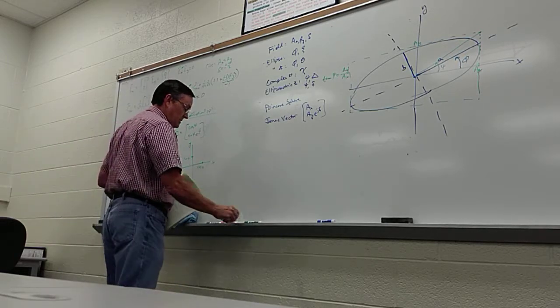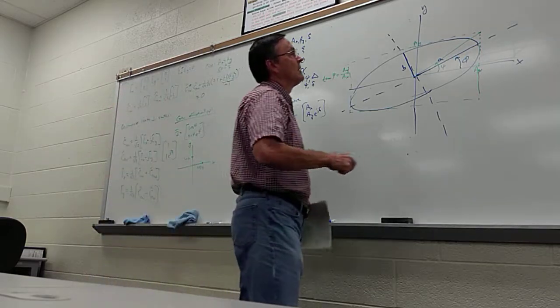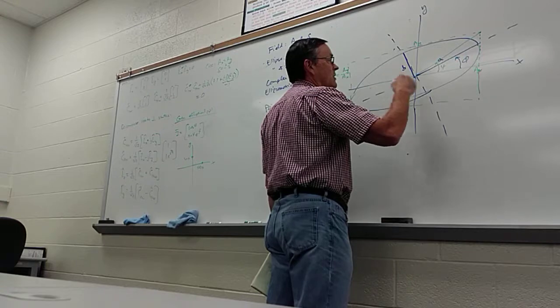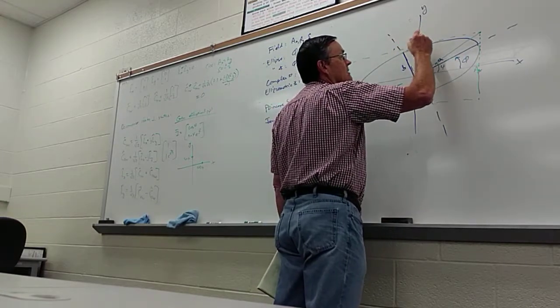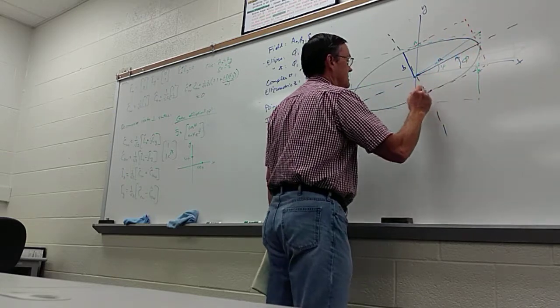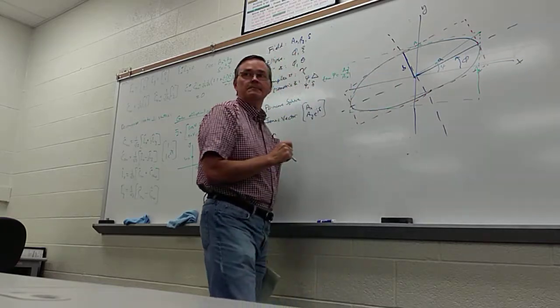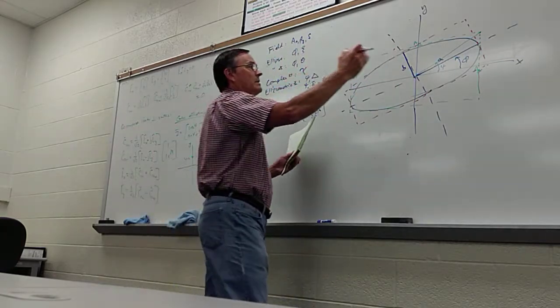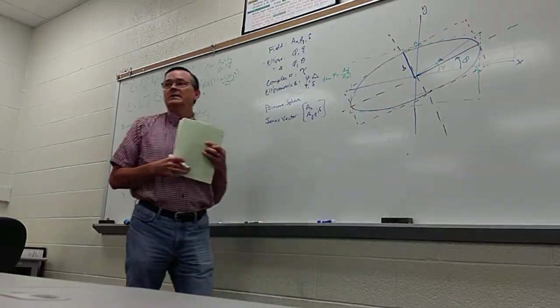Now, alternatively, I could draw a box that fully encloses this, where that box basically does this. So the box is rotated and just barely fits the ellipse.